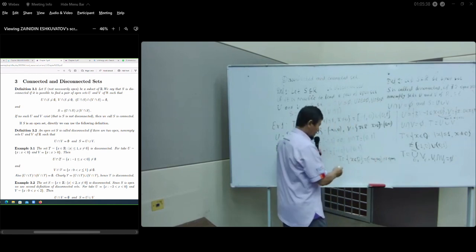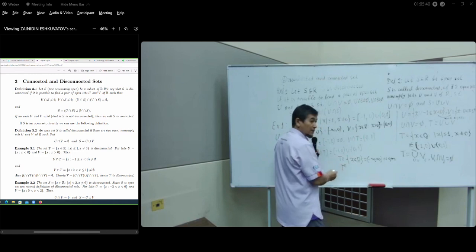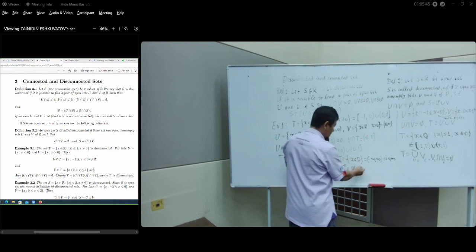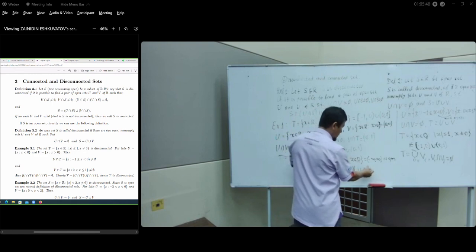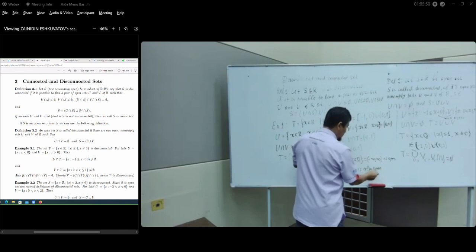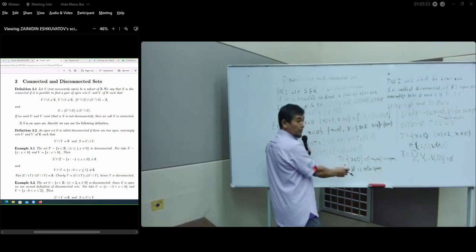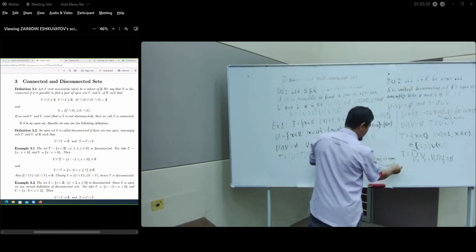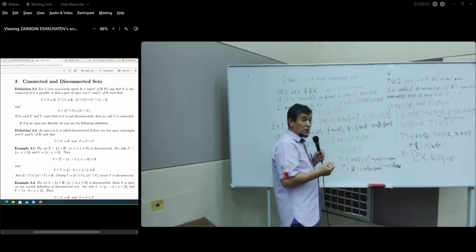On the other hand, T complement is the empty set, and the empty set is also open. According to the definition, if T complement is open, then T is closed. It looks like a contradiction, but there is no contradiction. So T is an open set and at the same time a closed set. The empty set is also open and at the same time closed.